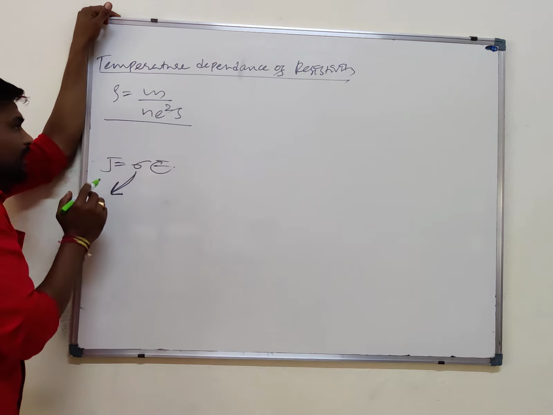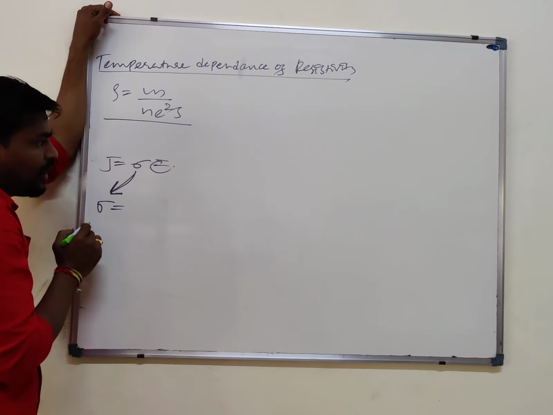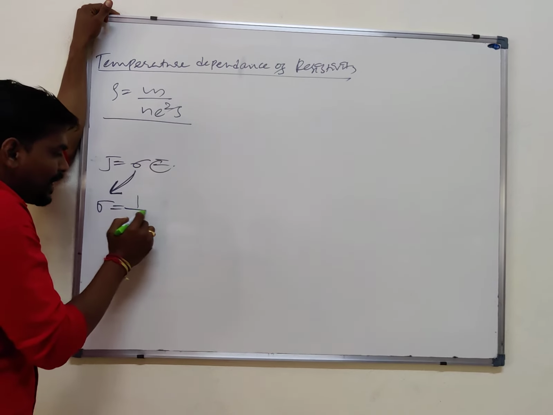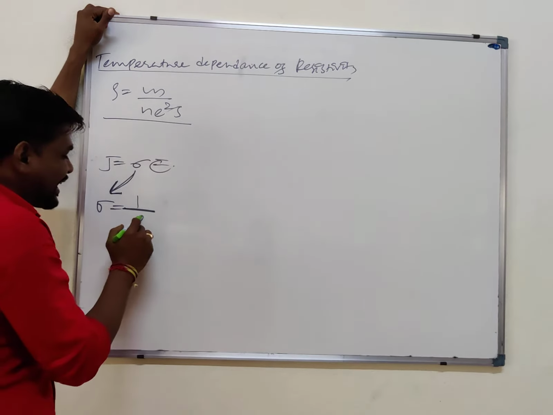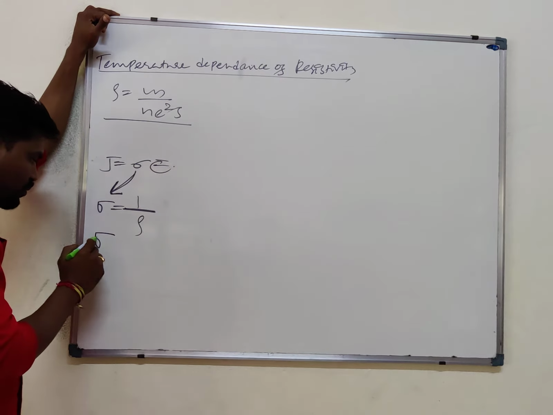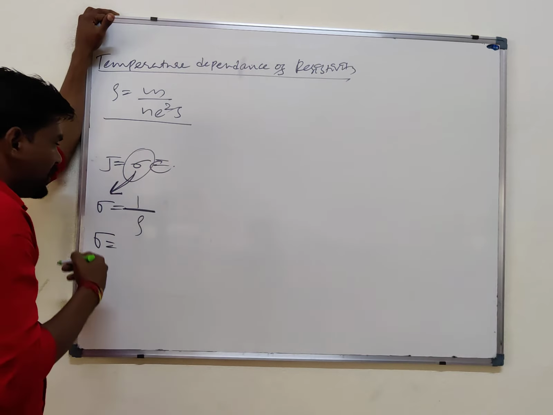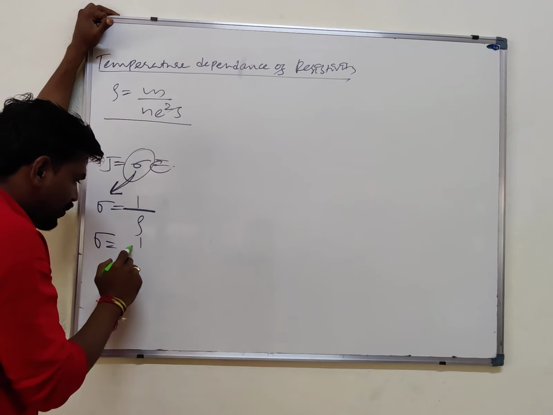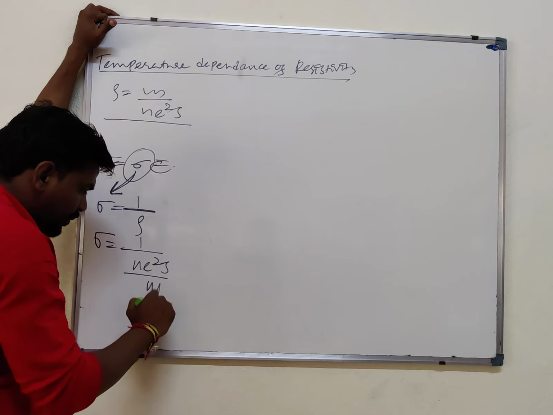Right? See here sigma is equal to the value of resistivity, the inverse of resistivity. If I put down the value of this one, in this case, what happened? 1 divided by n e square tau divided by m.